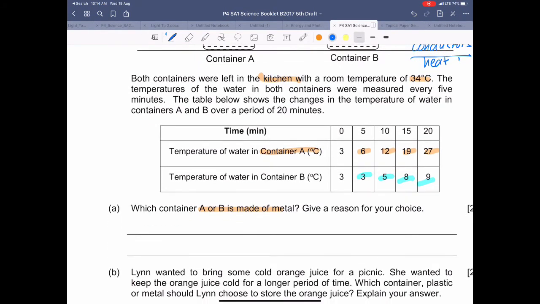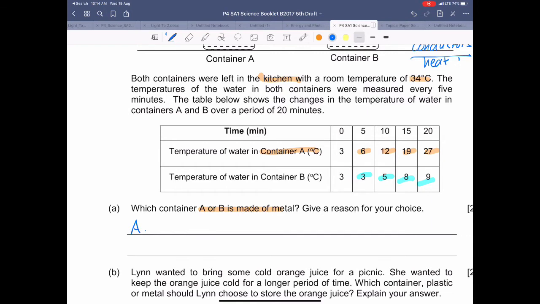So which container, A or B, is made of metal? It will be container A. Then you need to justify. To do that, whenever you're given data, you must quote evidence. Then you relate the evidence back to your answer.